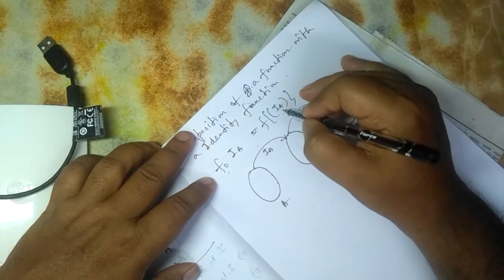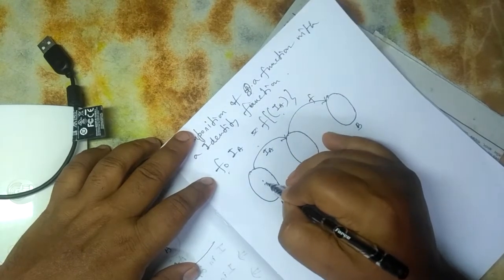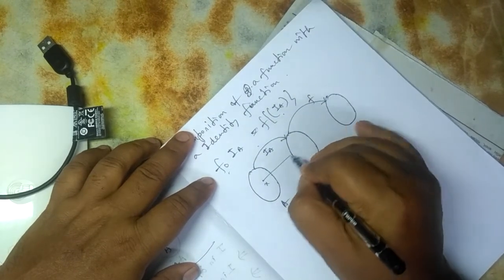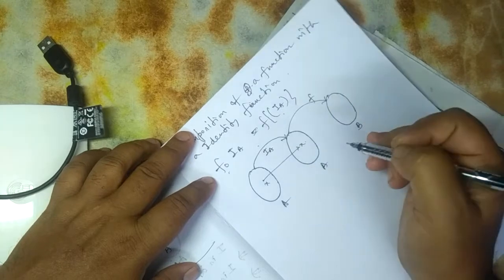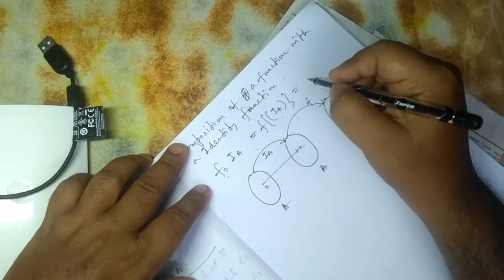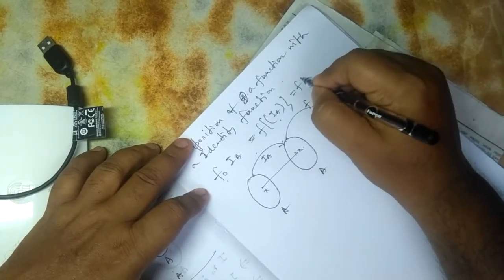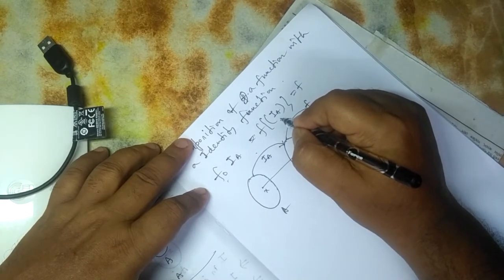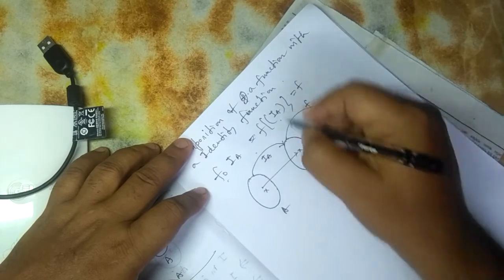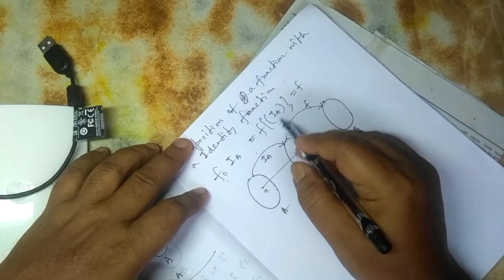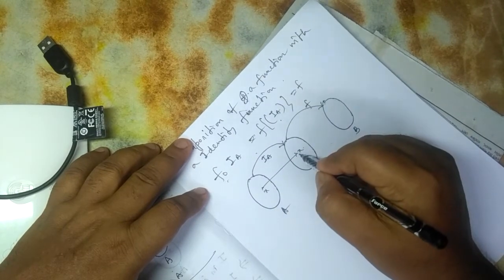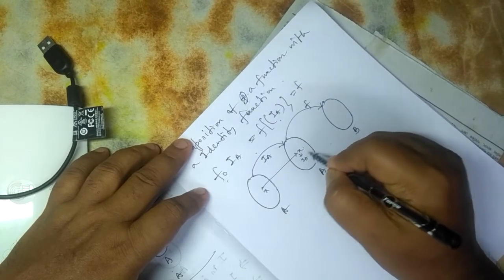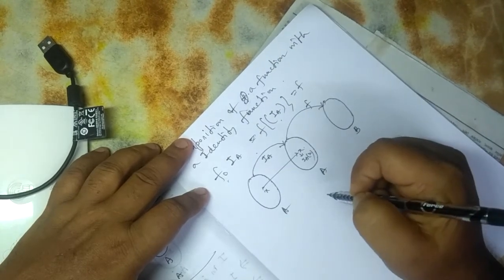So if IA is there, what is it giving? It is taking x as input and giving away x as output. So here I can write f of IA, meaning f of the output of IA. This is input. Input is x and output is also called IA of x.